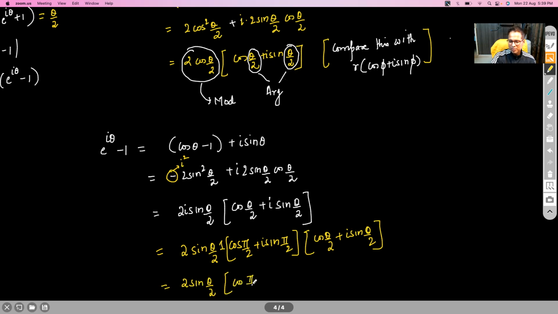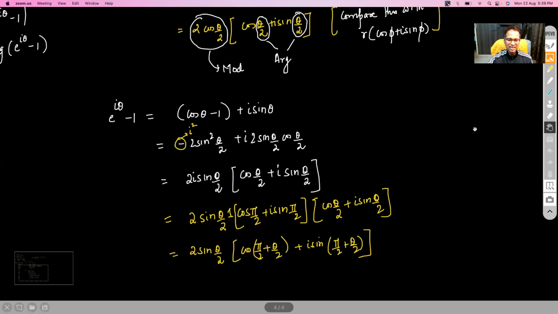So your arguments will become pi by 2 plus theta by 2, and i sine of pi by 2 plus theta by 2. I hope you all remember the property of complex number multiplication, that when two complex numbers get multiplied, their moduli get multiplied and their arguments get added up.